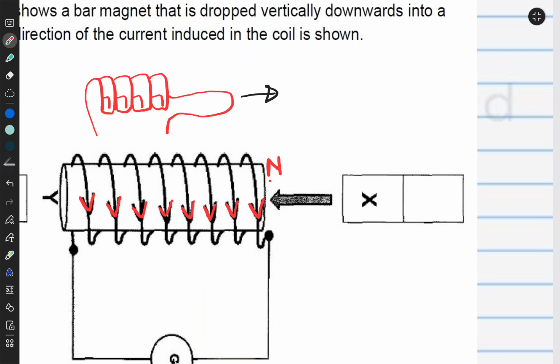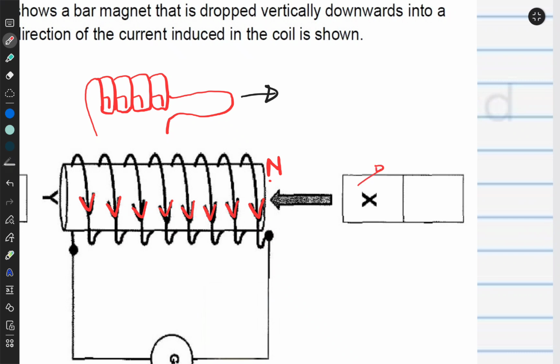So as the bar magnet moves inside, it induces an EMF in the solenoid.